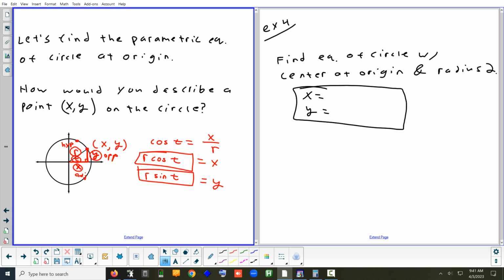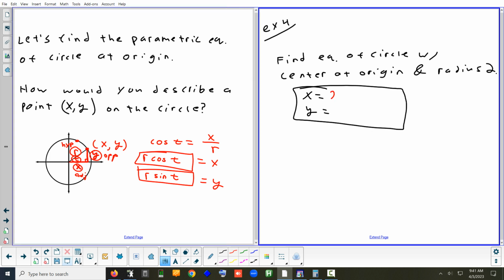Sorry? 2 cosine t. And what would be the y formula if I make my radius 2? Yeah? 2 sine t. So there's your equations that graph a circle with the center at the origin.